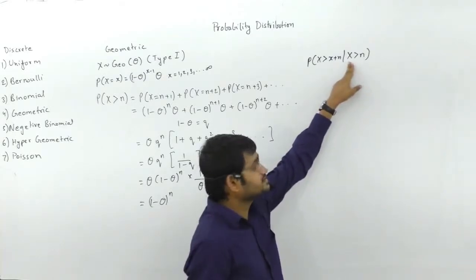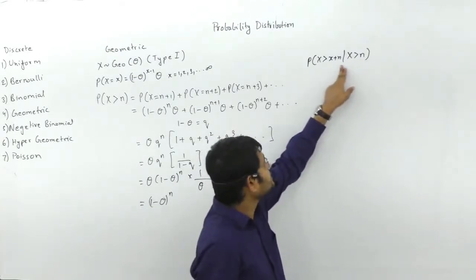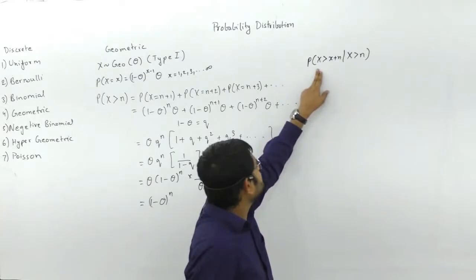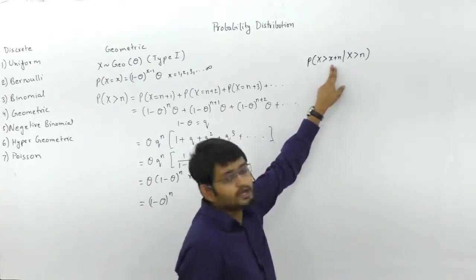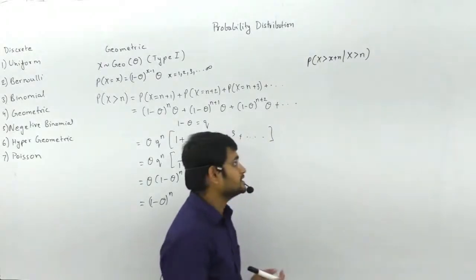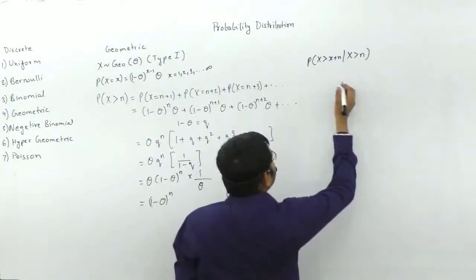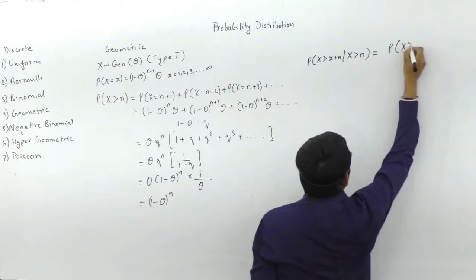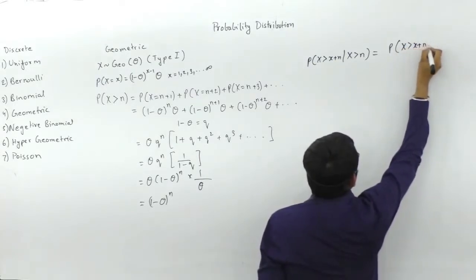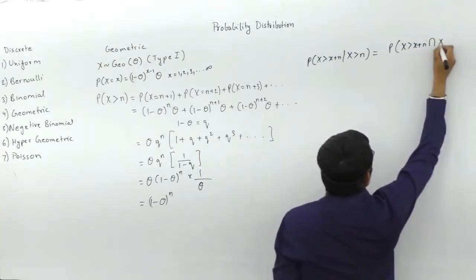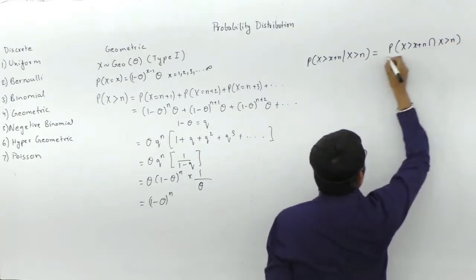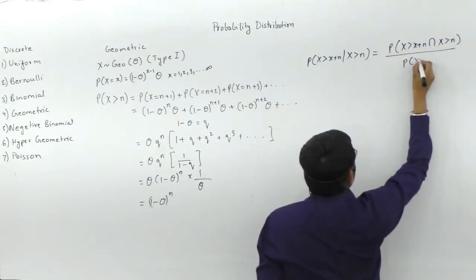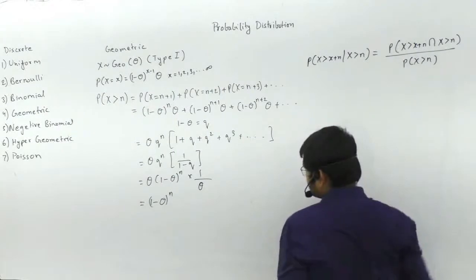So our success is greater than n, that is the given part, and we need to know when our success would be greater than x plus n. So this I can write as probability of x greater than x plus n intersection x greater than n upon probability x greater than n.